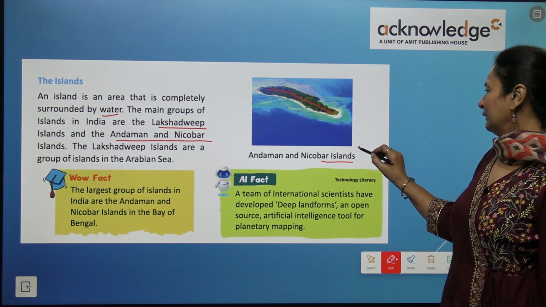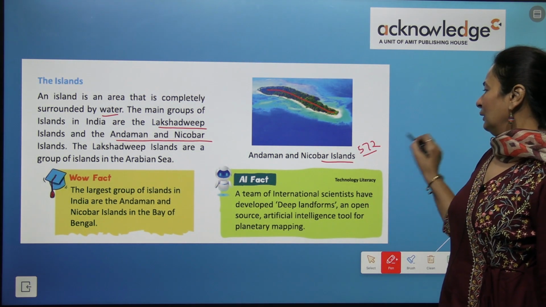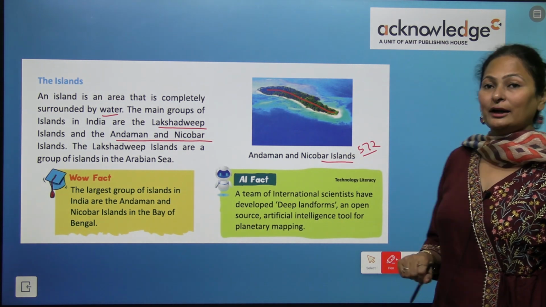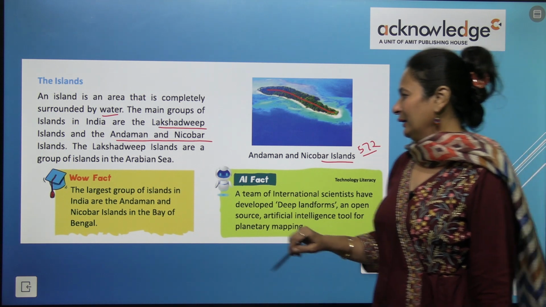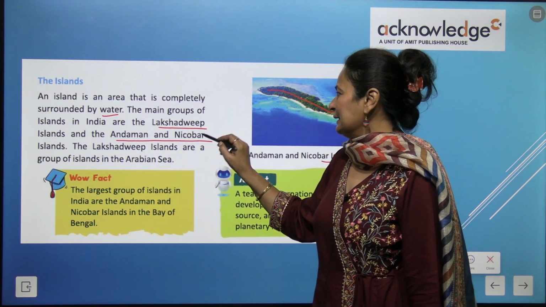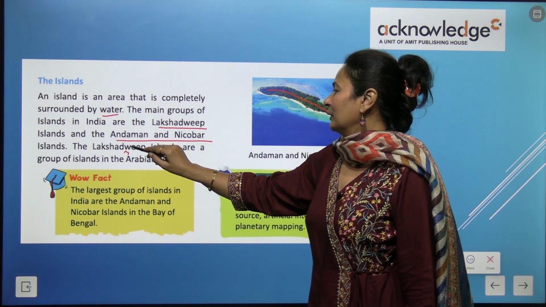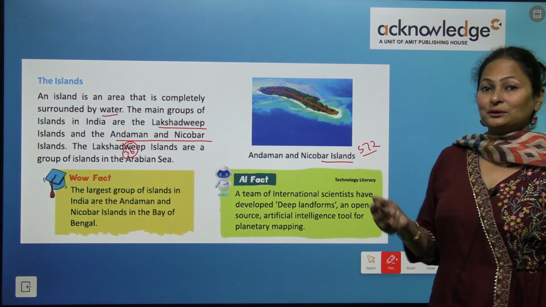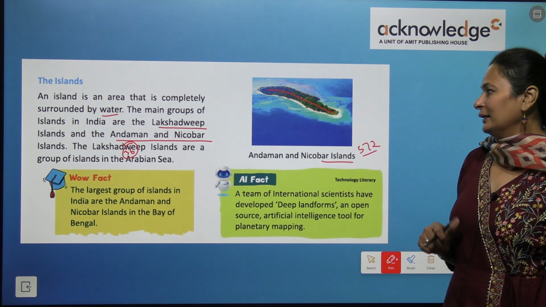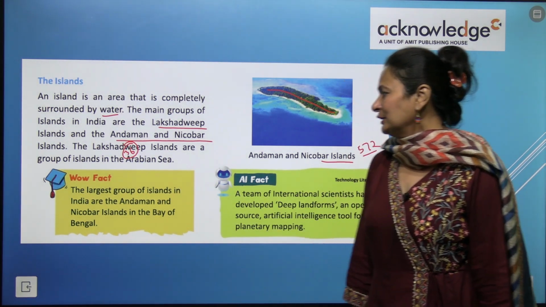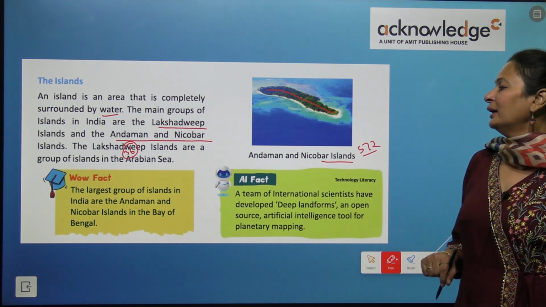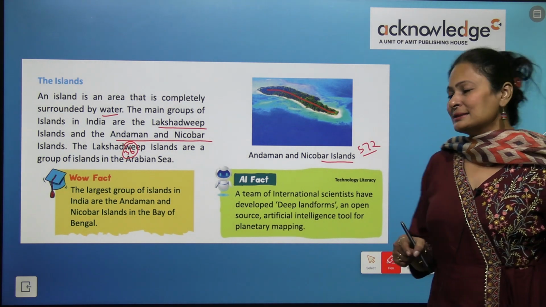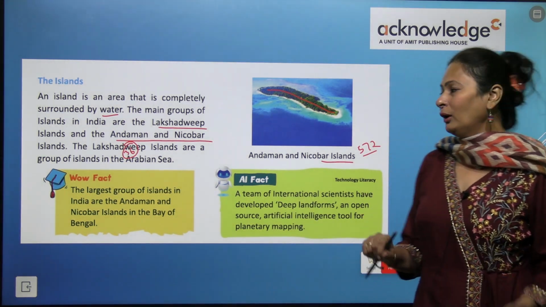Near about 572 islands are part of Andaman and Nicobar, and Lakshadweep is a group of approximately 36 islands, right? The largest group of islands in India are the Andaman and Nicobar Islands, that is in the Bay of Bengal, approximately 572 islands.